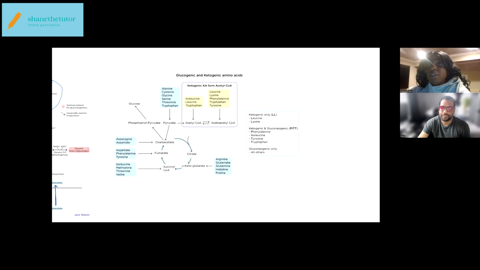But there are other amino acids that can, but they have to go through another process to get to pyruvate. Would it create alanine, or go through a different process? It can get deaminated and turned into alanine.